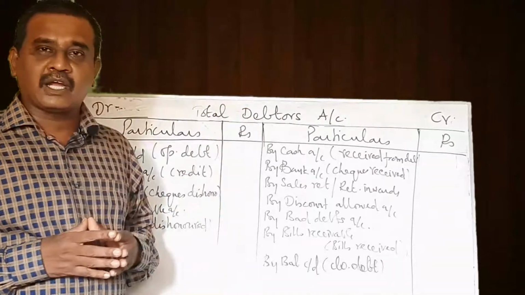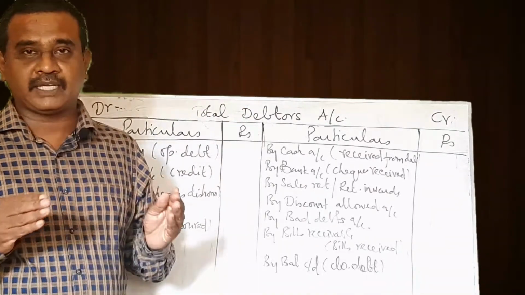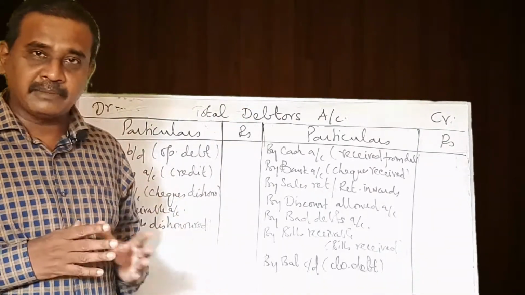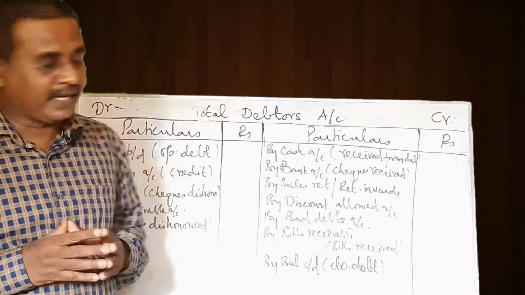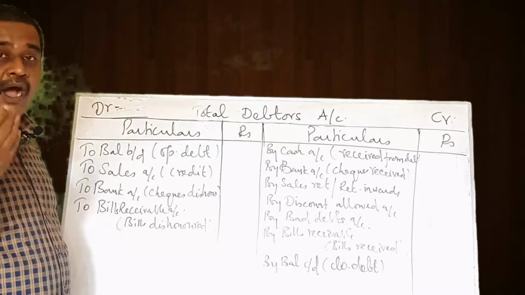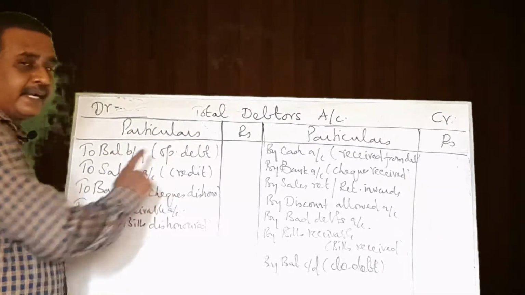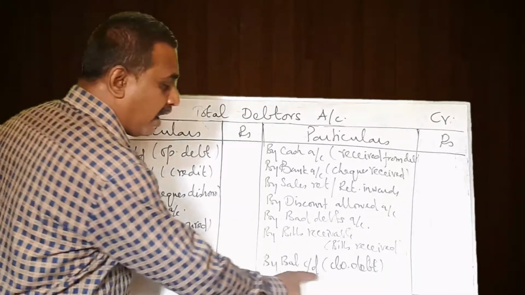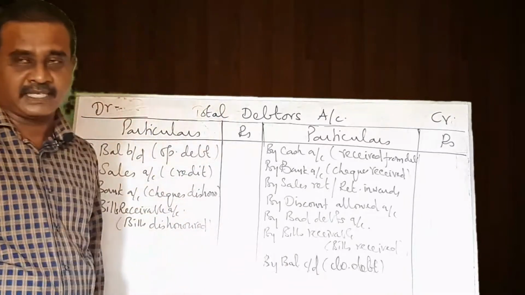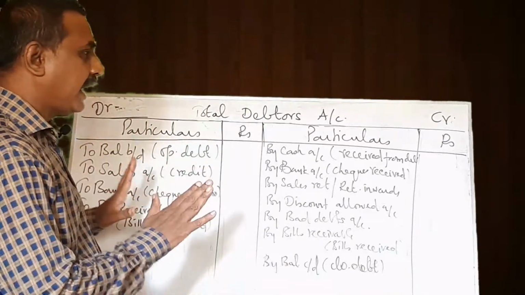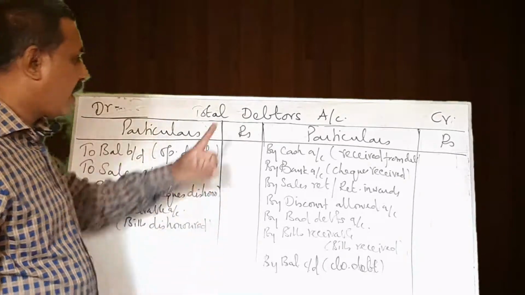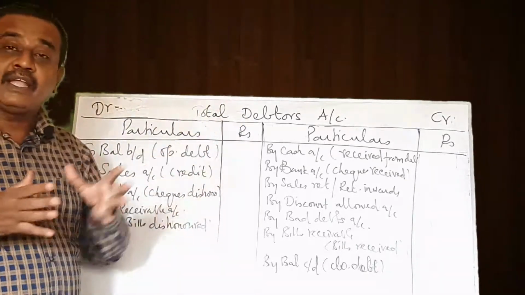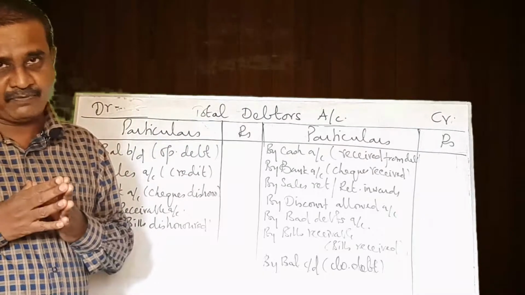The total debtors account is prepared to find out the credit sales. Sometimes, as we did in finding the missing figure, you may be asked to find out the opening debtors or the closing debtors. Anyhow, the format is the same. And I have already told you a format is made only on the basis of the entries we make.